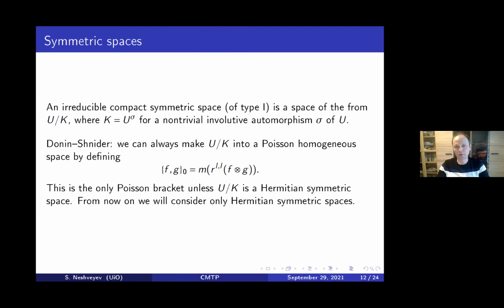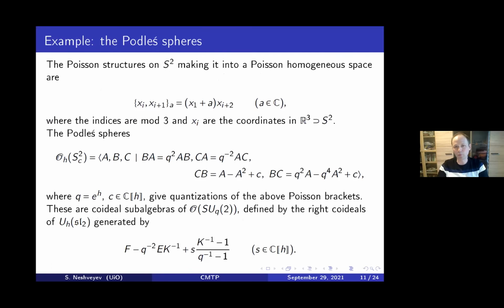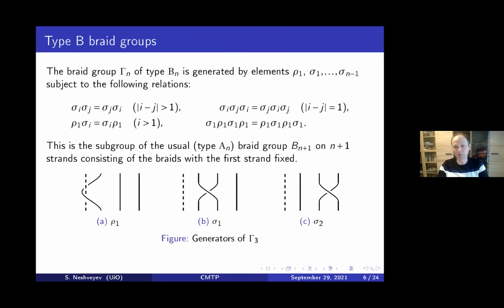Well, you can associate braid groups with any Coxeter group. So this is simply one of the ones corresponding to type B. So you really have a family of them. The groups corresponding to type A are much better known, but these ones are defined in a similar way. But you have other types as well.